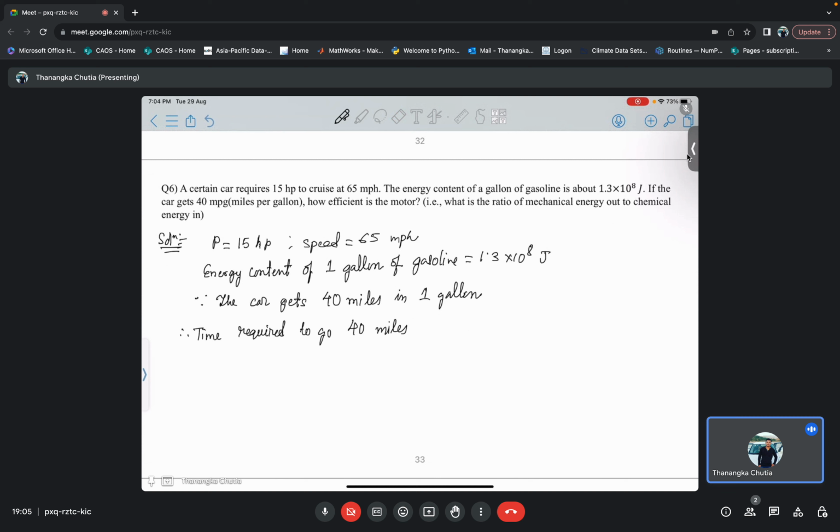For this power and speed, the time required to travel 40 miles will be what? Distance divided by speed. So that is 40 divided by 65, and this will be in hours. So you have to convert this into seconds. So it will be 40 by 65 into 60 into 60 seconds.